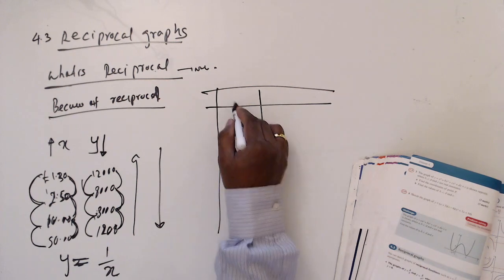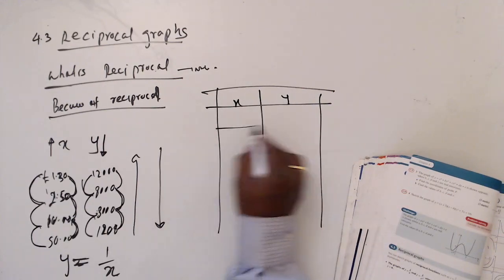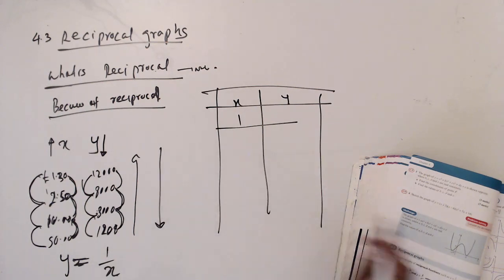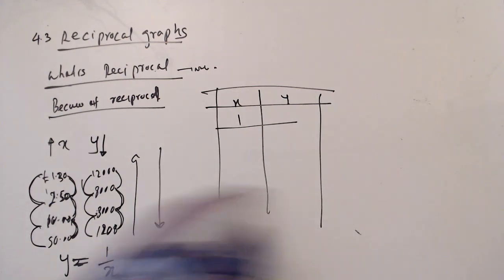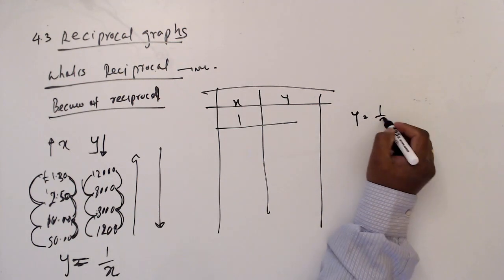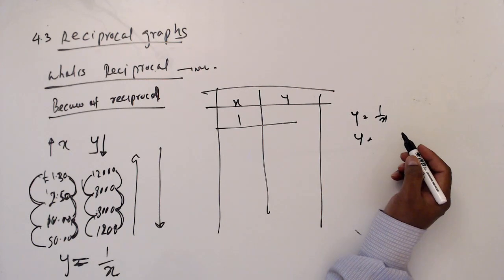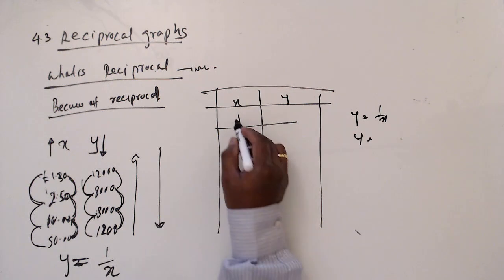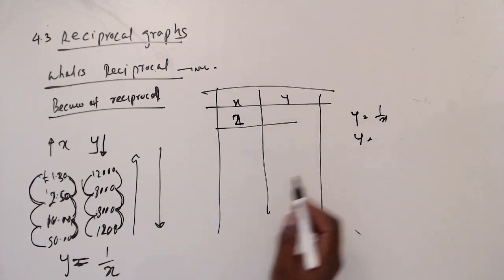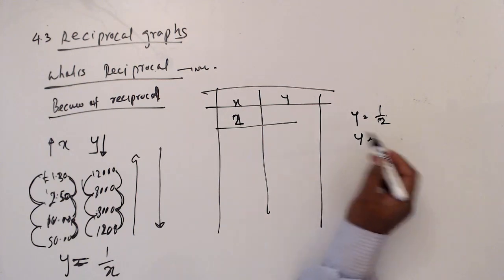This is the x value, this is the y value. Right? When x equals 1, we'll do the calculation. y equals 1 over x, which is 1. When x equals 2, then this is 1 over 2, which is 0.5.